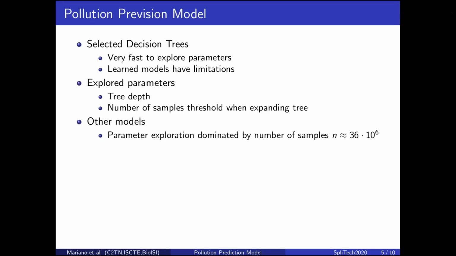We also considered other models, but their learning algorithm is dominated by the number of samples, which in the case of the OpenSense project is in the order of 36 million.